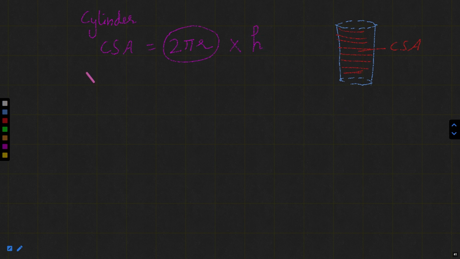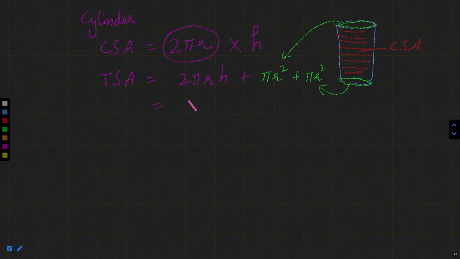Okay. Now the total surface area includes one more thing, which is the area for these two circles, at the bottom and at the top. So the area for the circle we know is pi r square, and here is pi r square, and here is also pi r square.